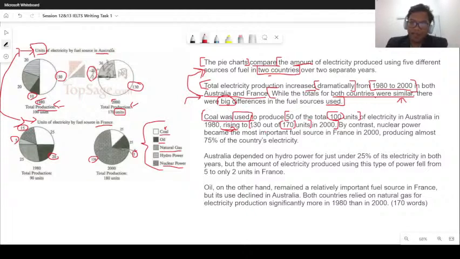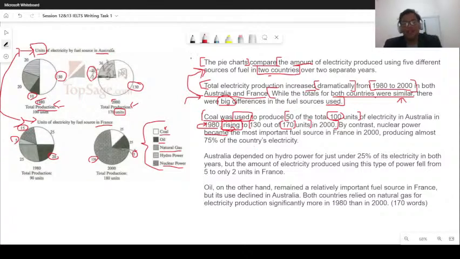This is a gerund, so you can't really see the tense there, unless you compare it with the previous sentence, so that counts as past. And then if we continue to the second sentence, "by contrast, nuclear power became" is past tense, "most important, producing almost 75% of the country's electricity."